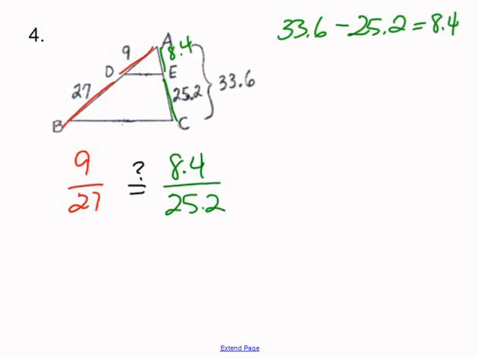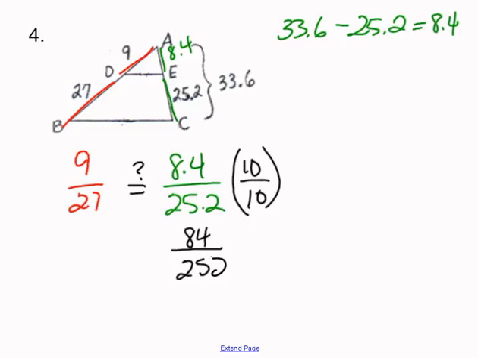Okay, remember how to get rid of that decimal in the fraction. We're going to multiply both the top and the bottom by 10 over 10, so that we can get the decimal out of there. So we end up with 84 over 252. And that reduces down, actually, to 1/3.